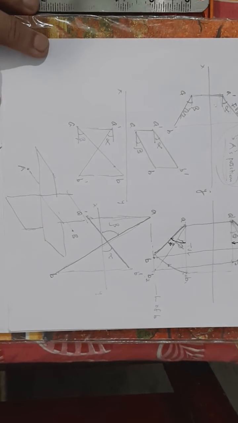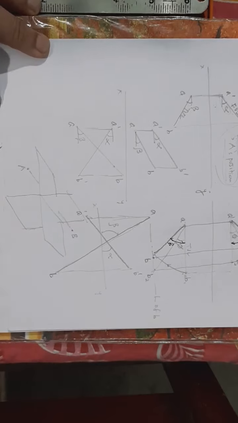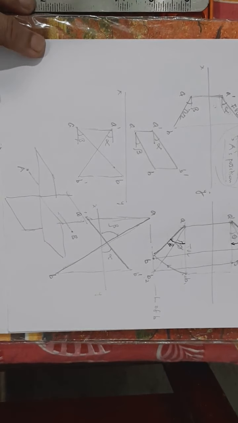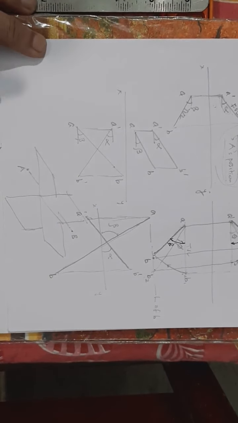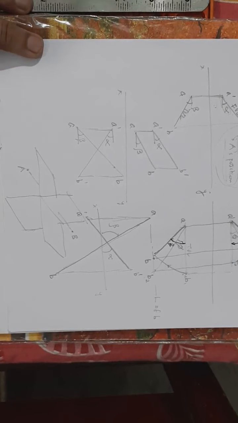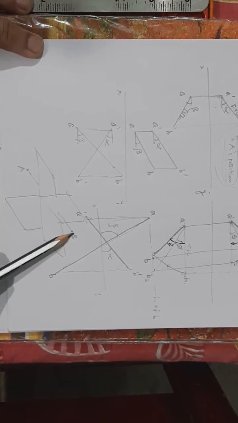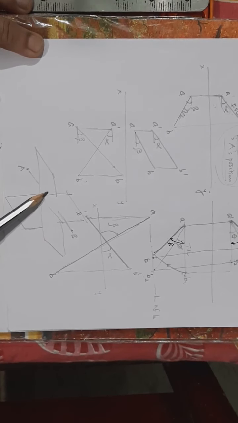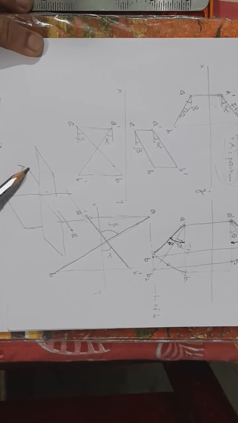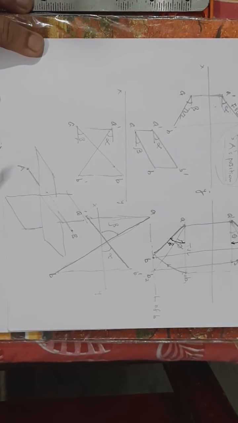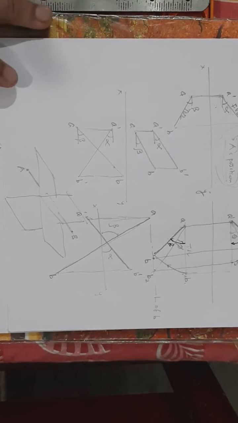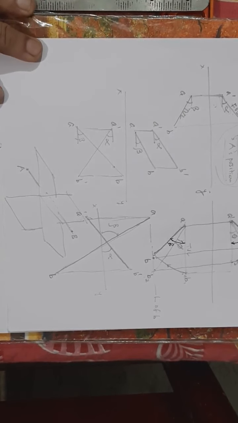So such lines are also possible, which are contained in only one quadrant, or in two adjacent quadrants, or occupying three quadrants like this. Some part of the line is in the first quadrant, some other part is in the second quadrant, and the last part is in the third quadrant. Such positioning of the line is also possible.